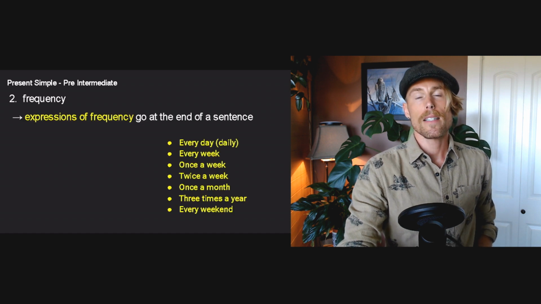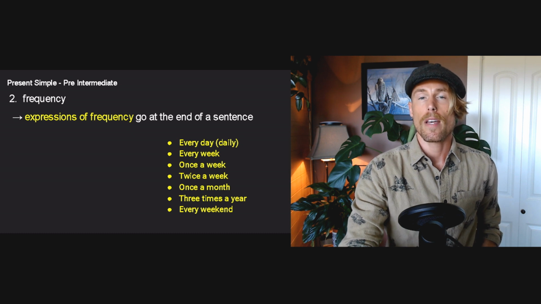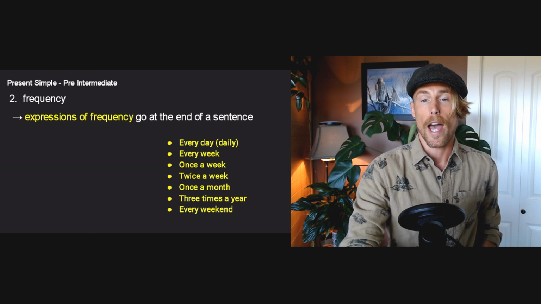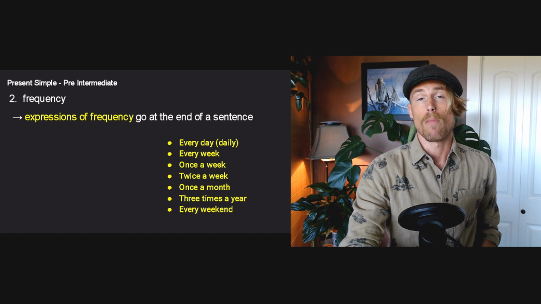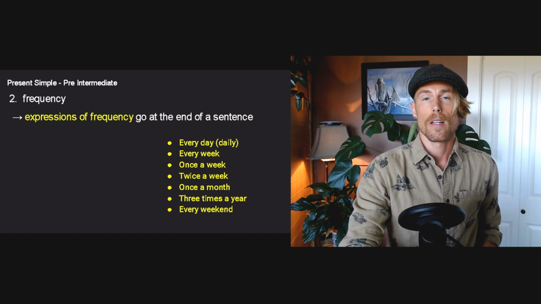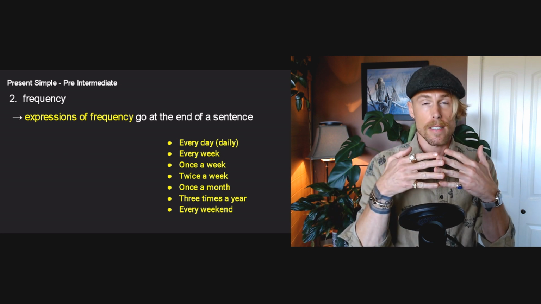Okay, let's talk about expressions of frequency. Expressions of frequency go at the end of a sentence. This is most common. Some examples of expressions of frequency: every day or daily. Daily and every day is the same.